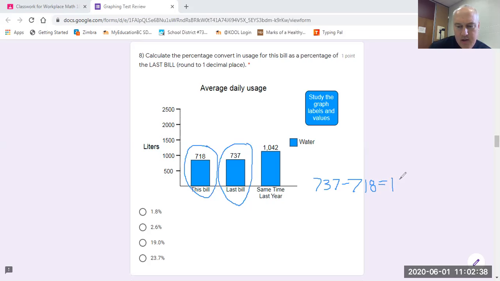And then we're going to divide that by the last bill, which was 737, because we're comparing it to the last bill. And that's going to give us a decimal value. But that decimal value needs to be converted to a percentage by multiplying by 100. So let's plug this in the calculator and see what this looks like.